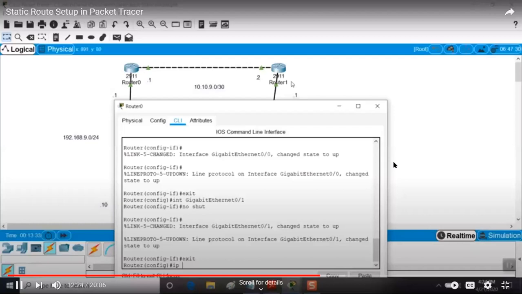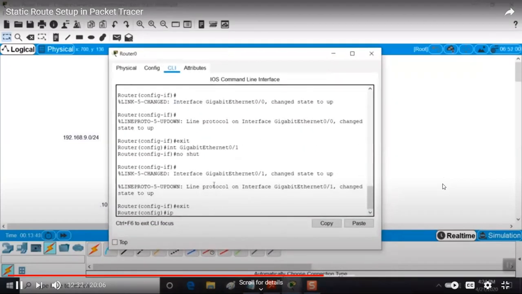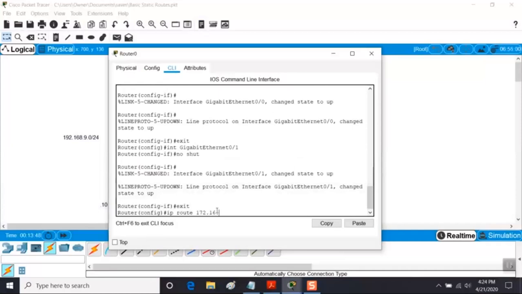The 172.16.9 over here. I'm going to create that route by saying IP route, and I'm going to put 172, I'll identify the network here, .9.0. Got to put in the subnet mask, only this time you have to do it dotted decimal style.